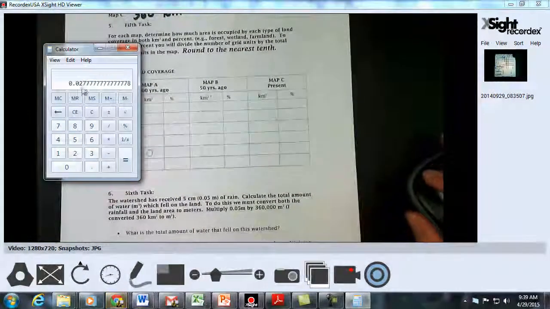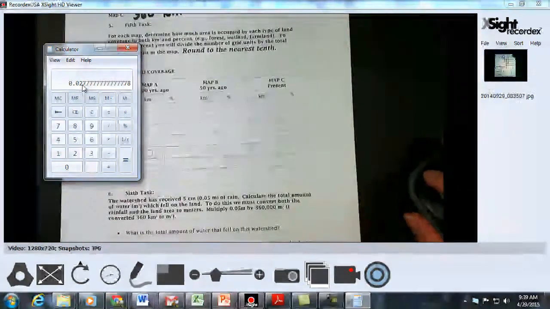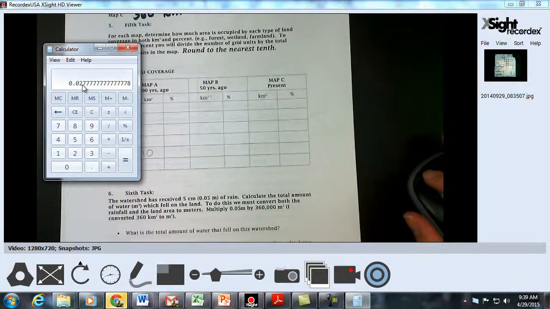Now in order to change that into a percent, I need to move the decimal 2 places. So there's 1, there's 2. So the percent is 2.7777 repeating.